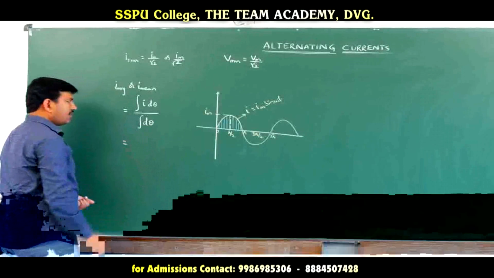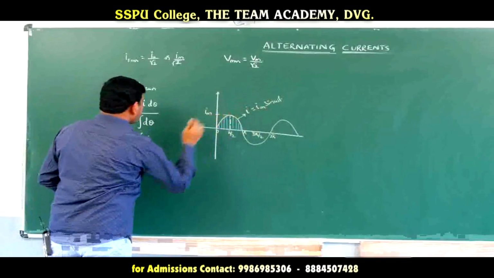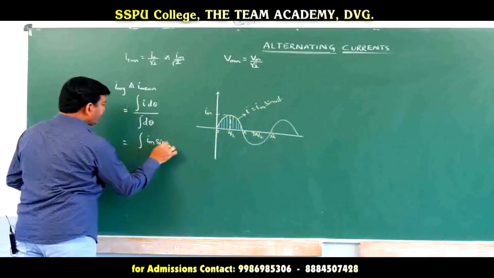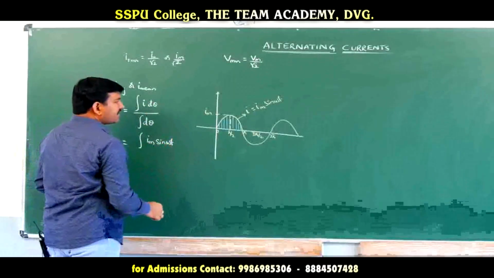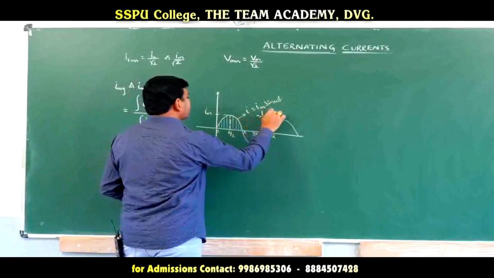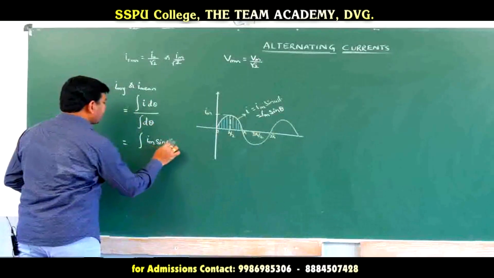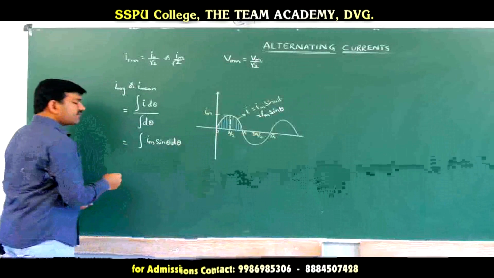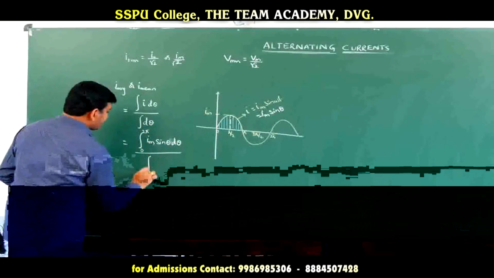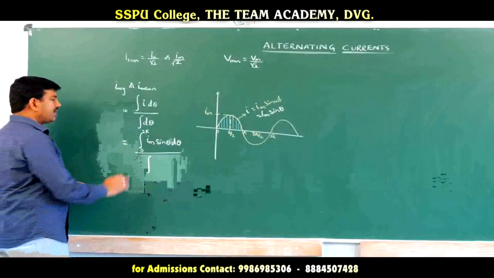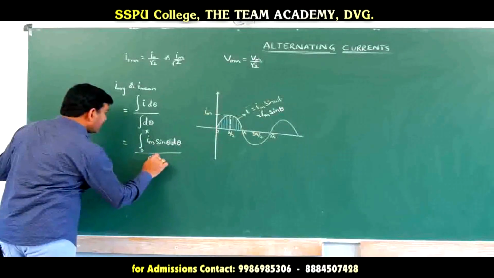Here I is nothing but Im sin omega t, and I will take it as theta only. Therefore Im sin theta d theta, where theta varies from 0 to 2 pi divided by integral d theta. Over half cycle we are calculating, therefore I need to integrate from 0 to pi only.